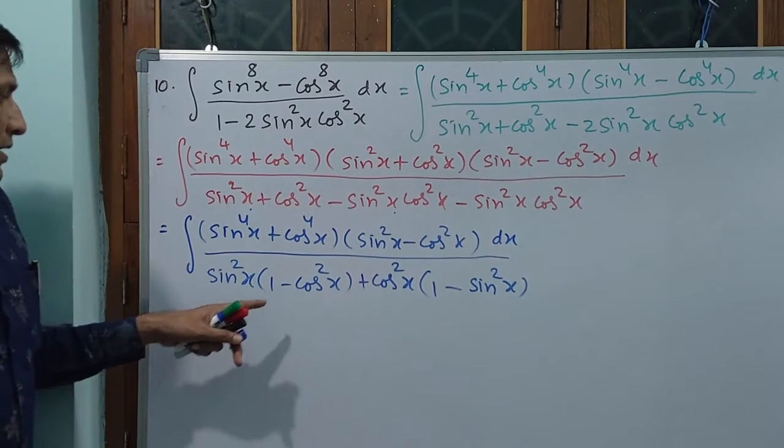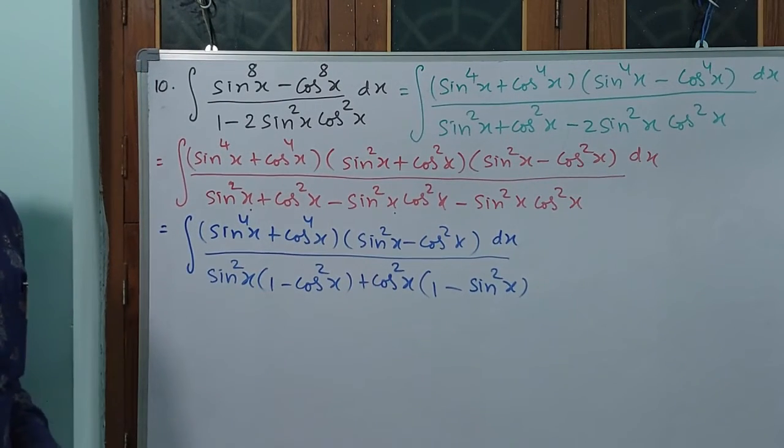Okay. Now see, 1 minus cos square x is what? Sin square x. Write down.